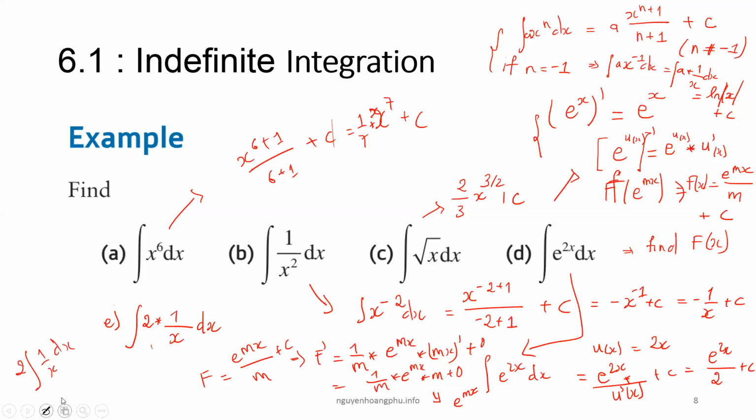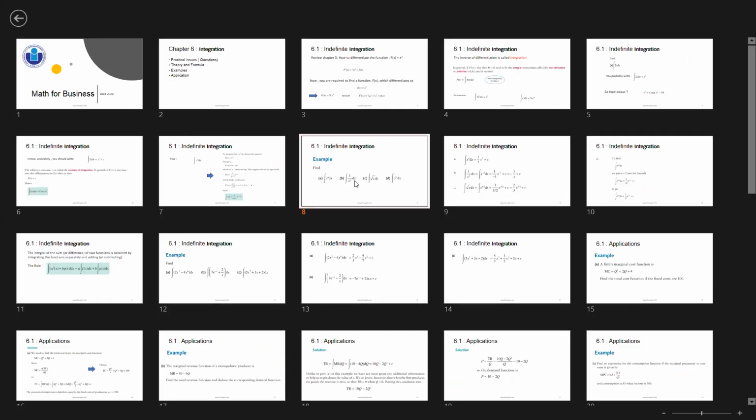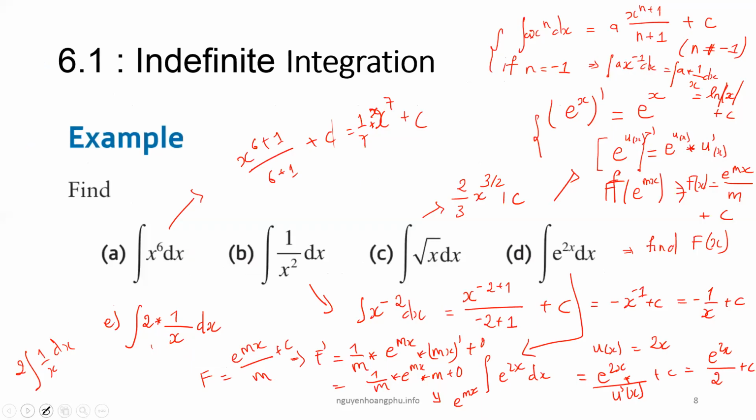If you apply the equation here, it will be 2 multiplied with x minus 1 plus 1, divided by minus 1 plus 1.